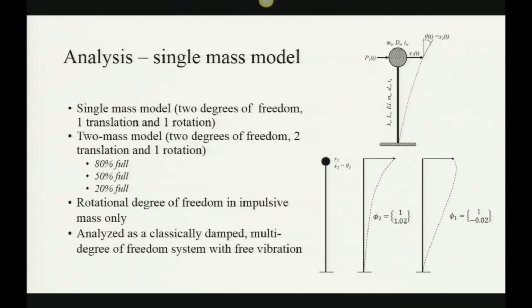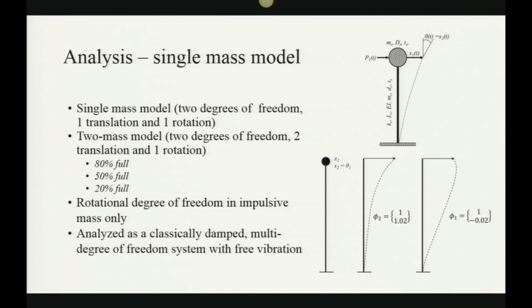So for the single mass model, again, we had the 2 degrees of freedom, and we did it for 4 separate scenarios where it's 100% full, 80% full, 50% full, and 20% full. The rotation was not considered in the mass at the top. Only the bottom mass had the rotation.